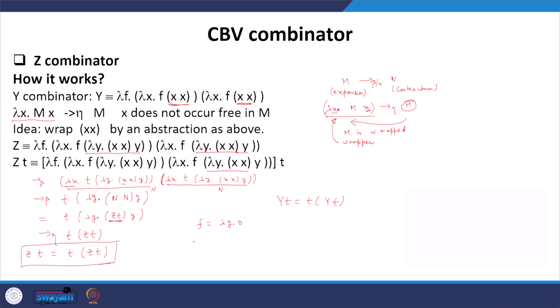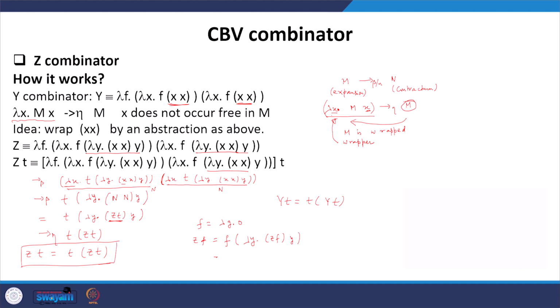Now if I do z of f, z of f will give me f of y zt, f of zt, that means zf. So we are going to get lambda y dot zf. I have lambda y dot zf and lambda y dot zf and I have y.